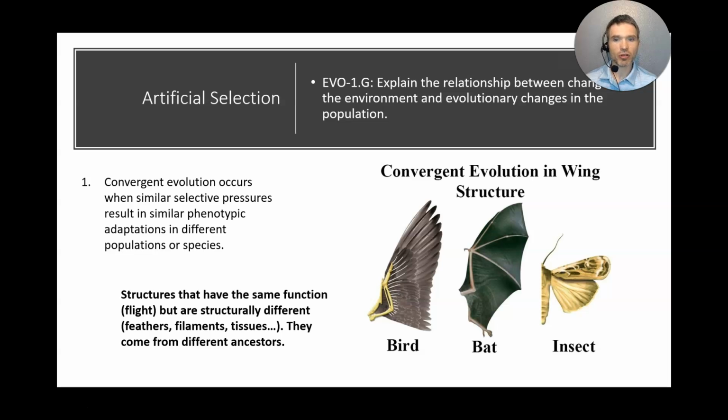Now the best example of this is wings. So you can see in my diagram here, this is the convergent evolution of the wing structure. And what I have here is a bird, a bat, an insect. I could also include a dinosaur in my diagram. And all three of these wings are important for flight.